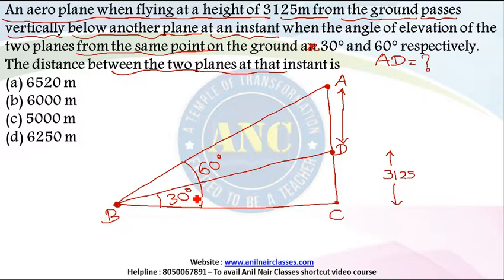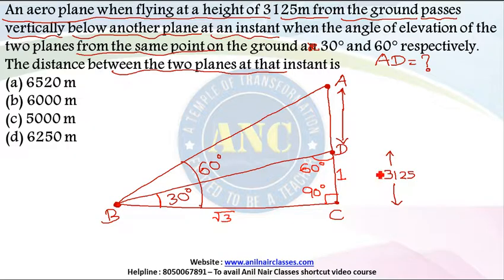Now this smaller triangle is BDC, and this is 90 degrees. If B is 30 degrees, angle D should be 60 degrees, right? That means opposite to 30, if I assume it as 1 unit, opposite to 60 will become root 3 units.